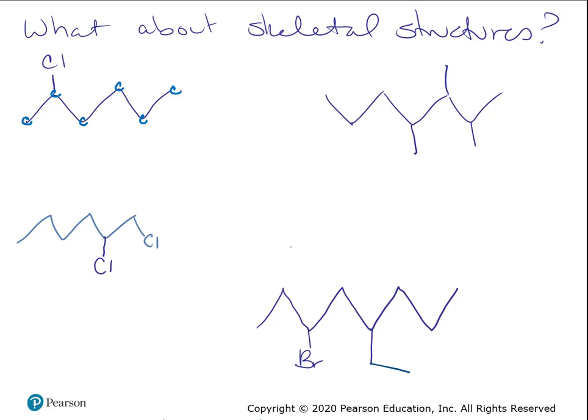So the only time the end of a line is not a carbon is if there's a fluorine, chlorine, bromine, or iodine on it. I mean, or an alcohol. There are lots of other things, but for our naming, those are the only ones you're going to see. So the longest carbon chain makes this a hexane again. Putting the C's in can sometimes help you see it better.